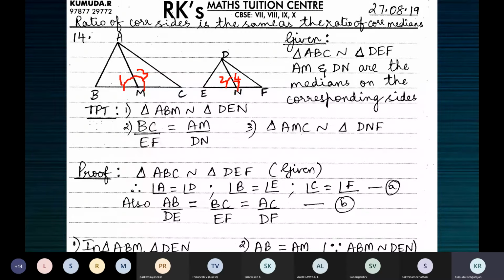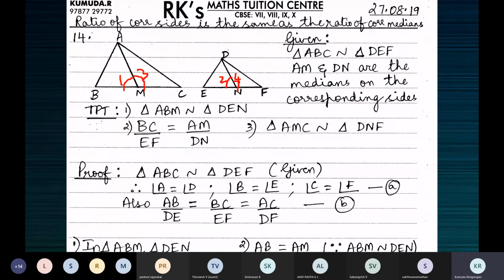What is 180 minus angle 1? Angle 3. What is 180 minus angle 2? Angle 4. So you get a new result: angle 3 is equal to angle 4.